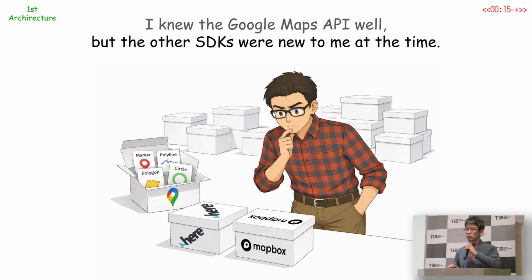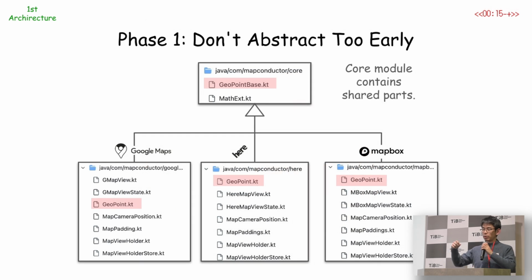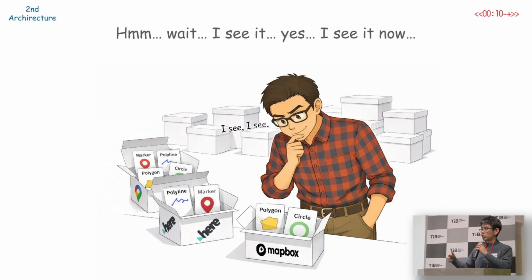So I started from creating some examples, then picking up only the common classes. So that's only GeoPoint based classes. Don't make an abstraction too early. Okay, well, maybe I can see something.